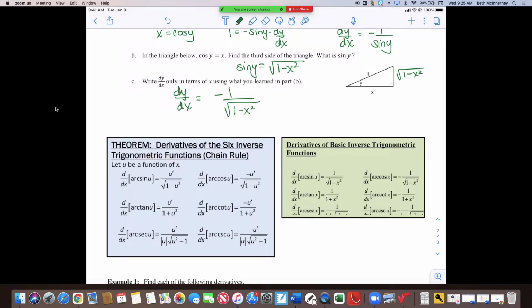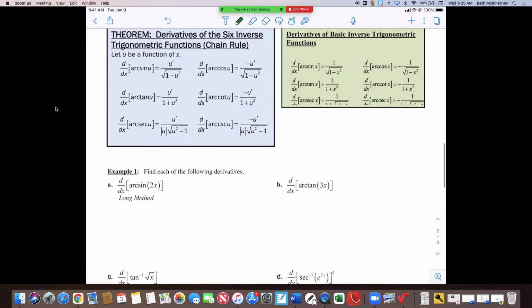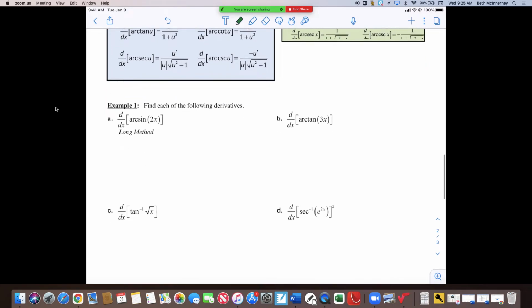So if there's some sort of stuff inside your inverse trig function, all it does is add a derivative of the inside on the top. That's the only difference. You do need to memorize these. Okay, you do need to memorize these. So we're going to add them to the yellow sheet and get working. All right, example 1.